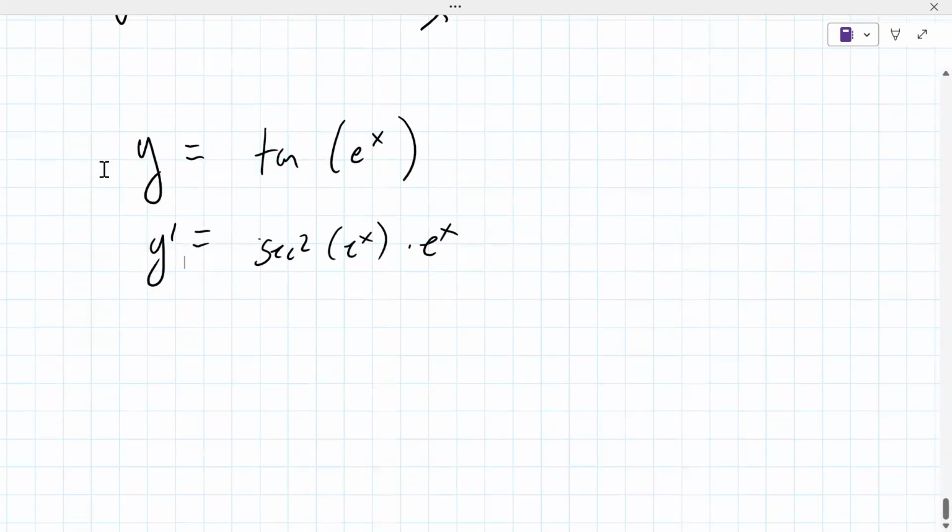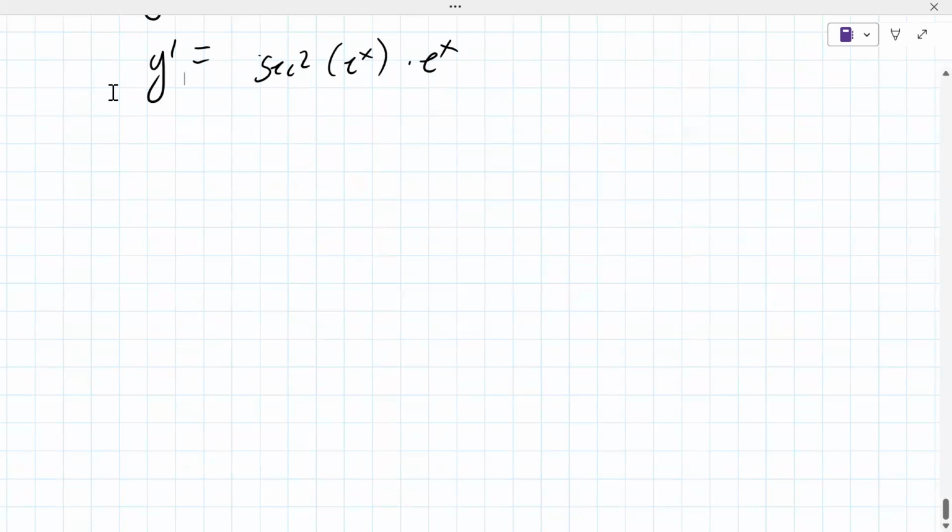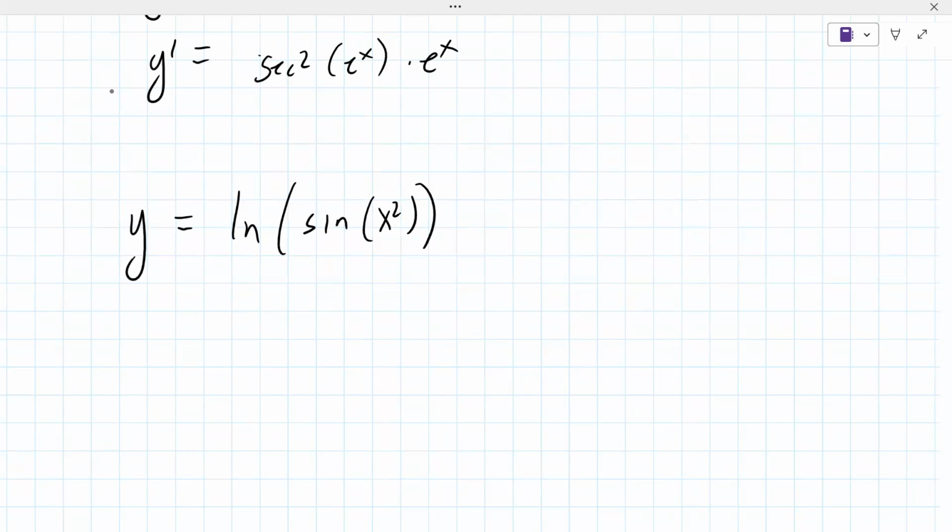I still don't feel like you've got this fully down. Let's keep doing a few more of these. Let's go natural log of sine of x squared. Let's try that.